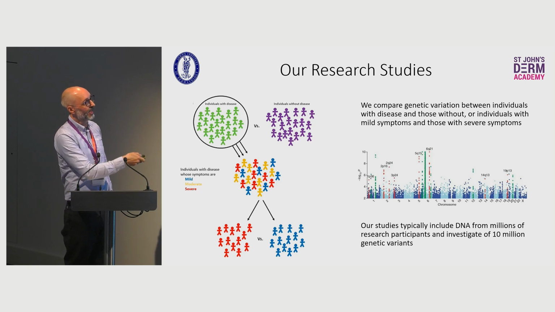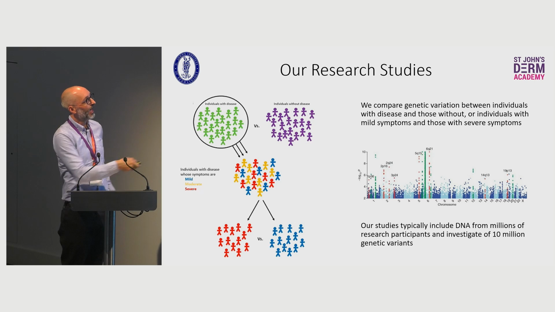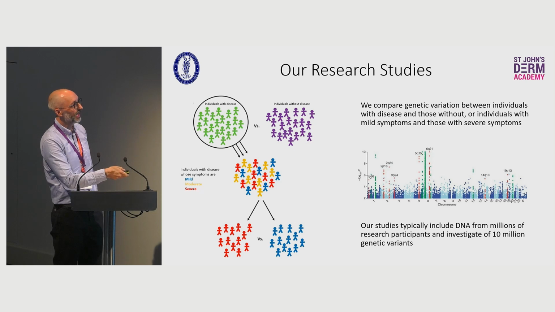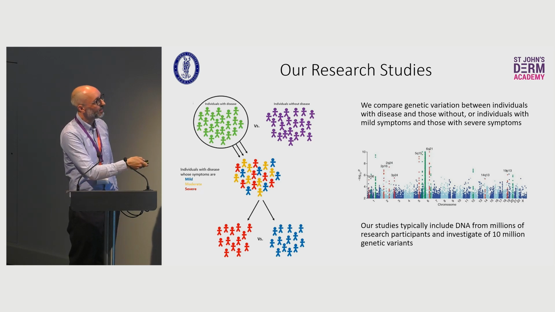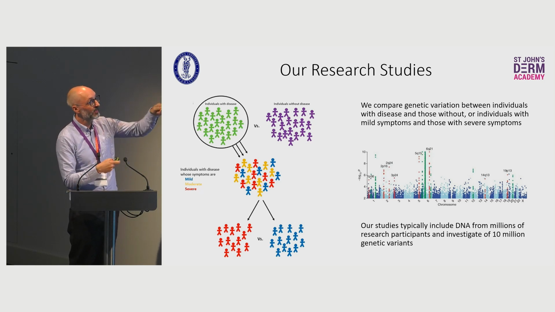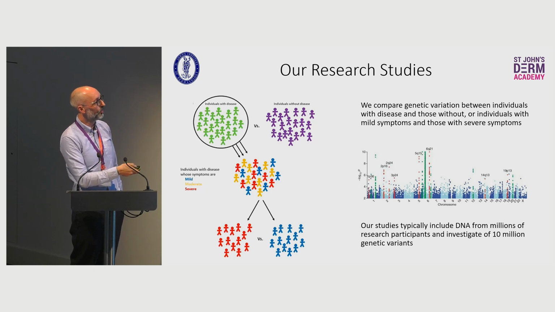And this is the typical output of our research studies. Every single dot on this plot is a variant position within our genome, going across chromosome 1 all the way to chromosome 22 and the X chromosome. The height of the peaks is the evidence that there's a difference between people who have disease or don't have disease, a difference between these 2 groups.